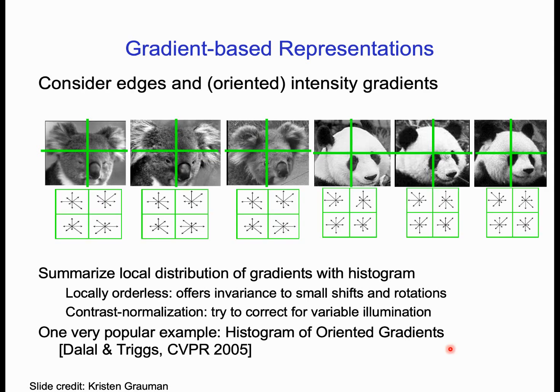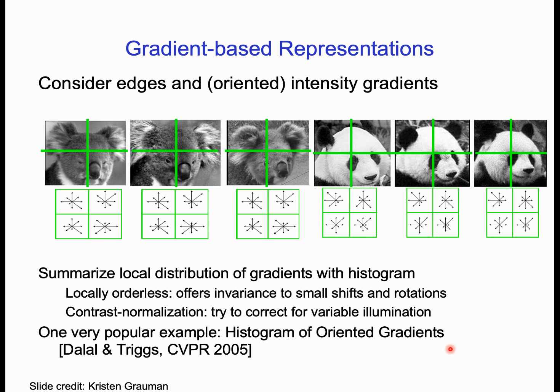In particular, we've seen that the histogram of gradient orientations, or histogram of oriented gradients, is a particularly useful representation when it comes to SIFT. And in most sliding window detection-based approaches, histogram of oriented gradients is still a choice of representation.